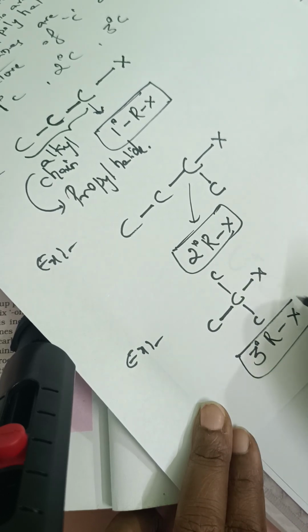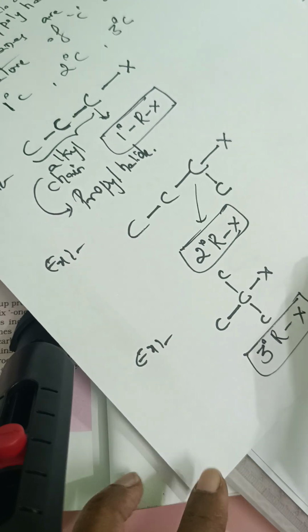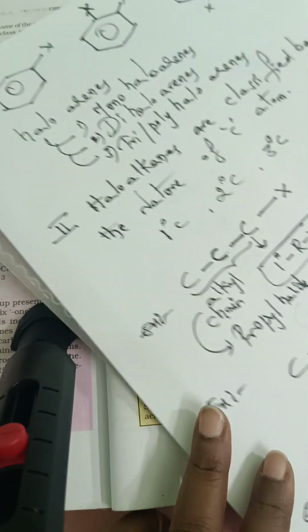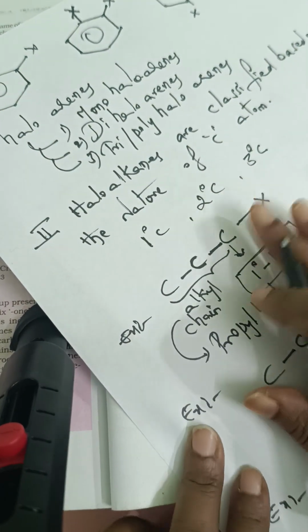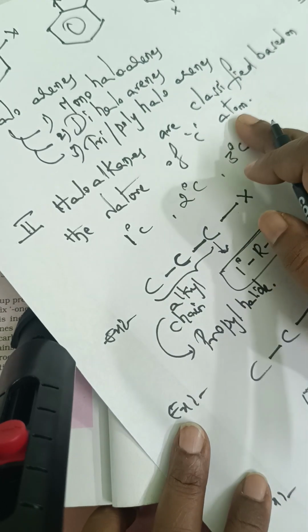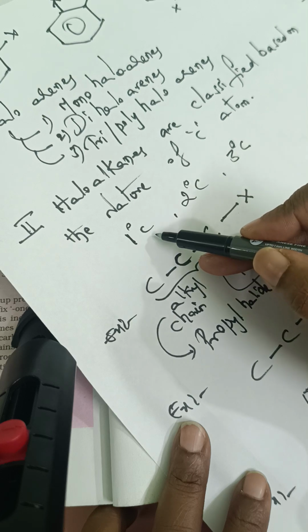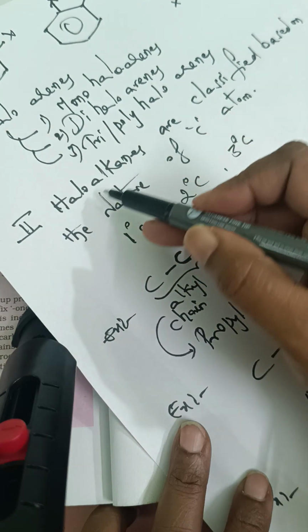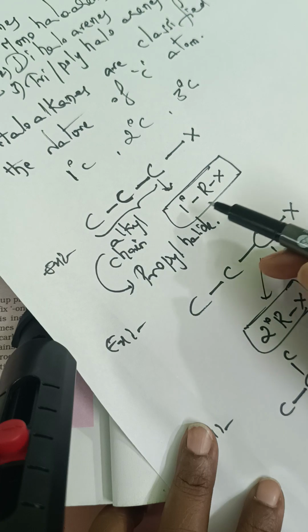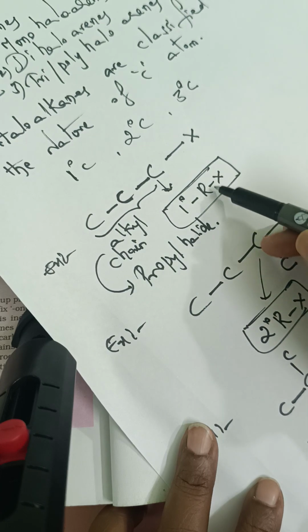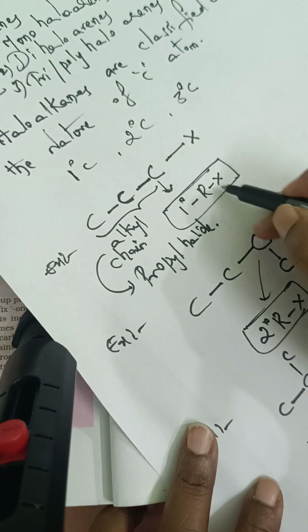This is the tertiary alkyl halide. So this concept is based on the nature of the carbon atom. If the carbon is primary, because it is coming under halogens, we are taking it as primary alkyl halide, because we are talking about halogens.